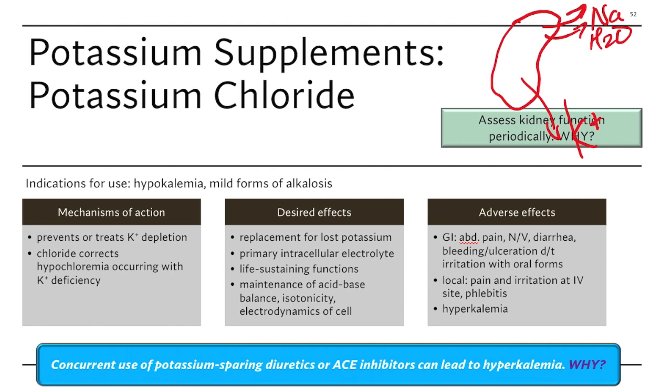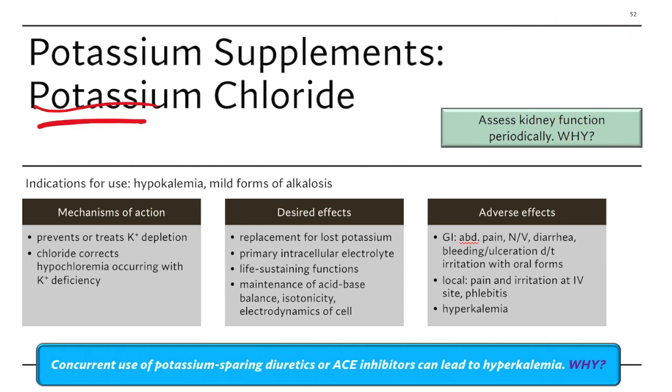And so if we are going to give potassium, we want to make sure that the kidneys are working well enough that they're going to be able to excrete the extra potassium. Otherwise, we're just going to end up with, again, hyperkalemia. There's an interesting question just at the bottom of this. Why would concurrent use of potassium-sparing diuretics and ACE inhibitors lead to hyperkalemia?